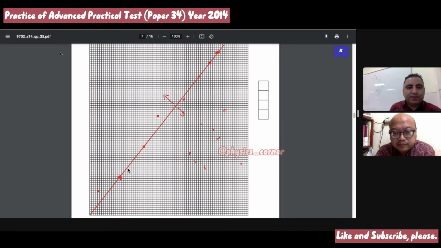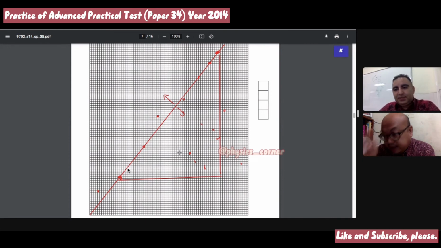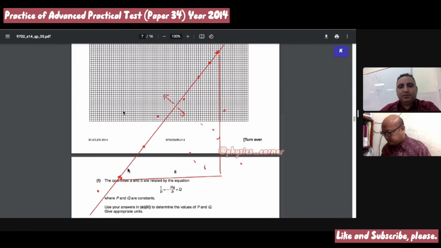One point is for the triangle, drawn with a solid line, not a dotted line.